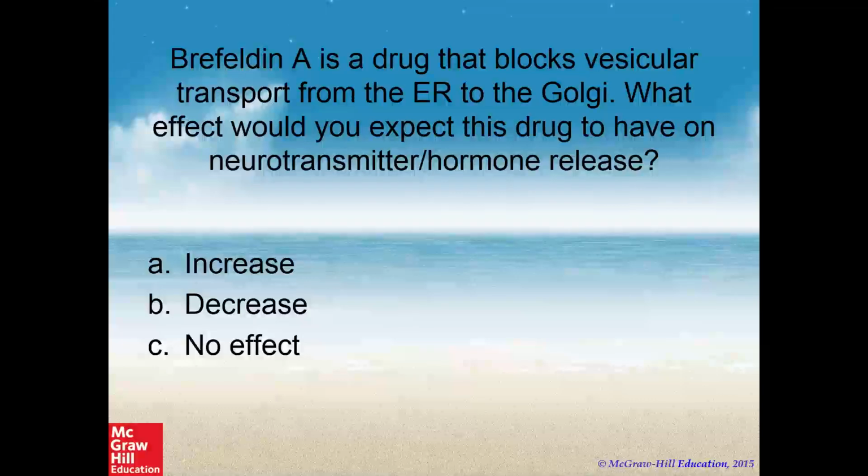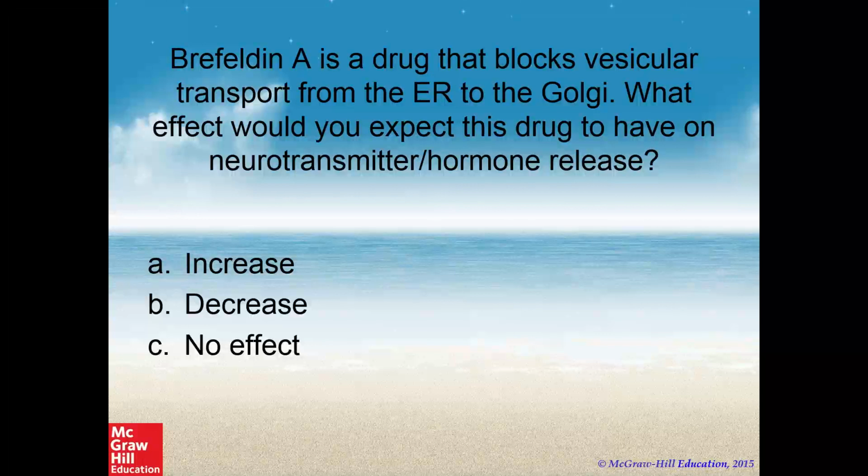So there's a drug called Brefeldin A, which is primarily used in research. It's not usually given to people, so you may not be familiar with it. It blocks vesicular transport from the endoplasmic reticulum to the Golgi. So what effect would you expect this to have on a cell's ability to release a neurotransmitter or a hormone?